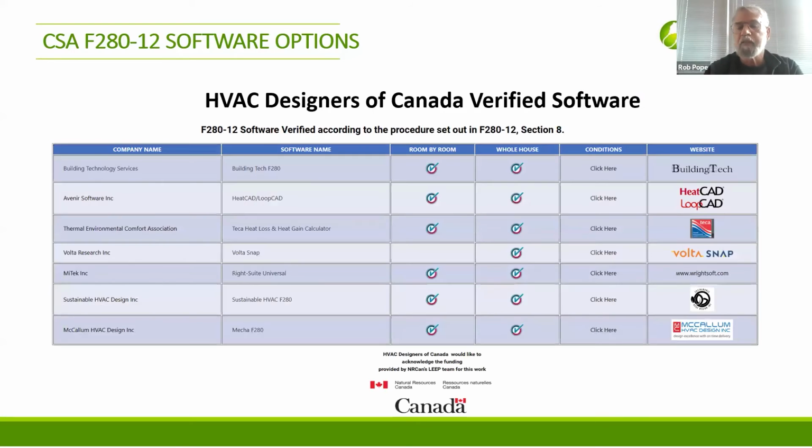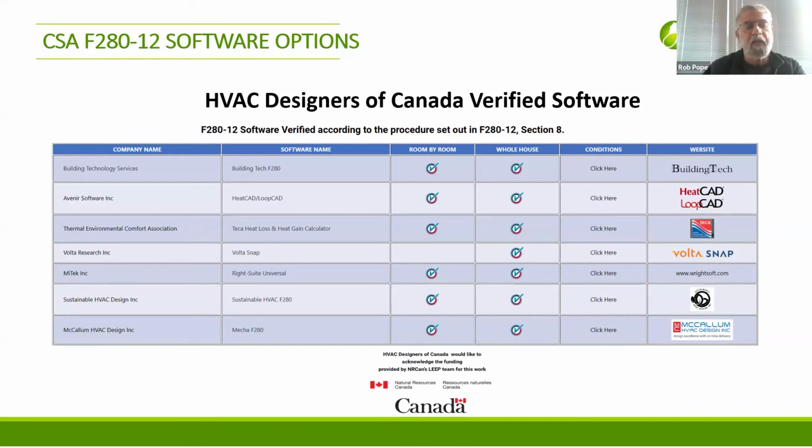Here's a list of what's been tested and what has been verified to comply with the standard and have output results that are within an acceptable variance. So in other words, any of these programs work.